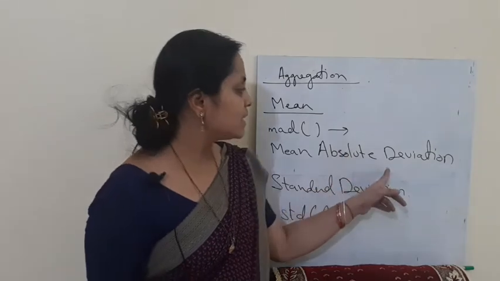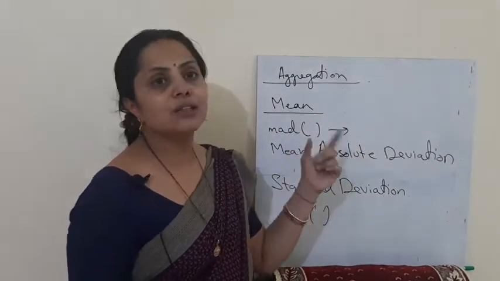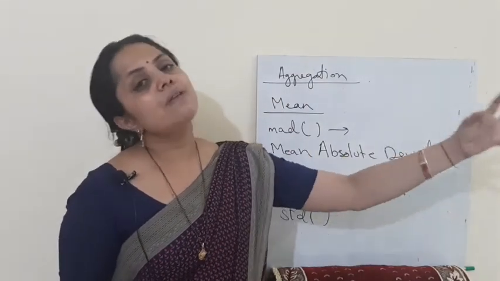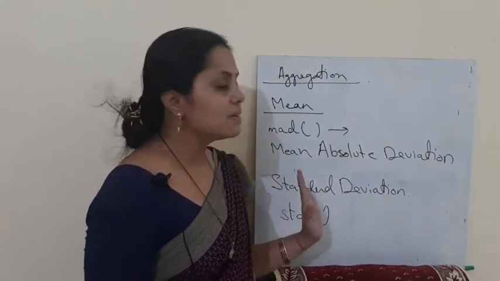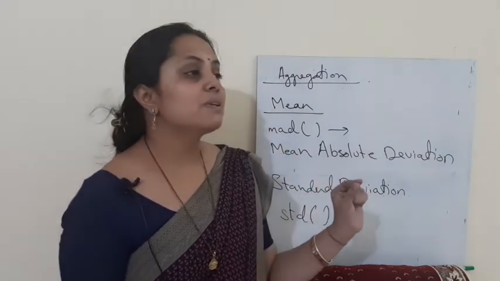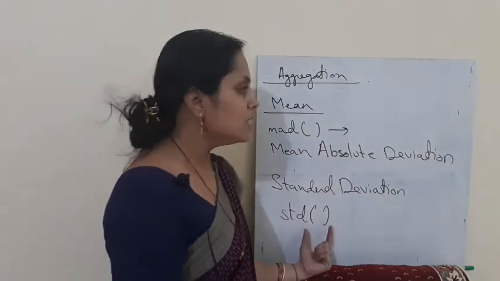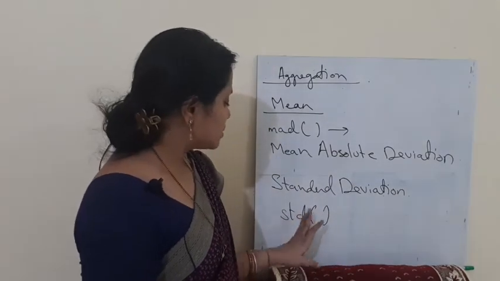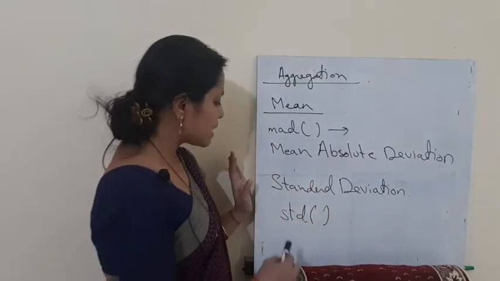In mean absolute deviation, we find the differences between the data values and then find their mean. And standard deviation means the difference between each data value and the mean of that particular group. Again we are using the std function, and we don't need to pass arguments with this.